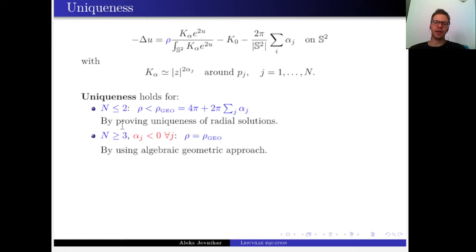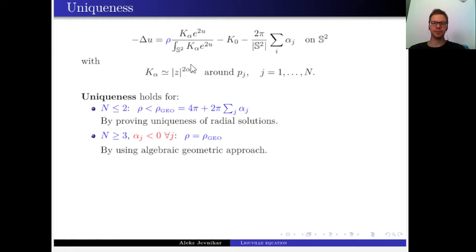And then we have a complementary result, which is about the geometric case. Here we are really talking about spherical metrics, and we need to assume that we have at least three conical points, and all of them have negative alpha j.